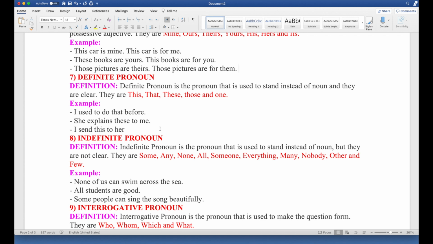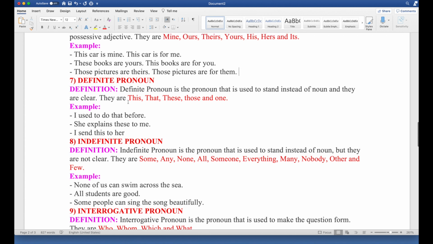So for example, I used to do that before. Whatever that is, it's replacing something that we clearly know what it is. So for example, I used to play tennis before. So the that is replacing play tennis.